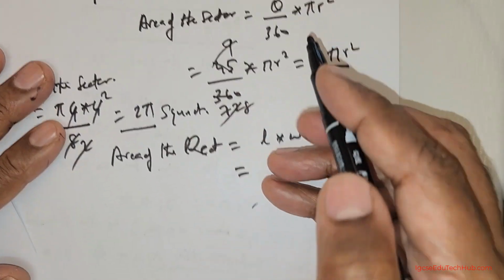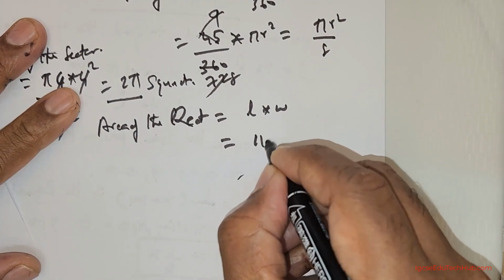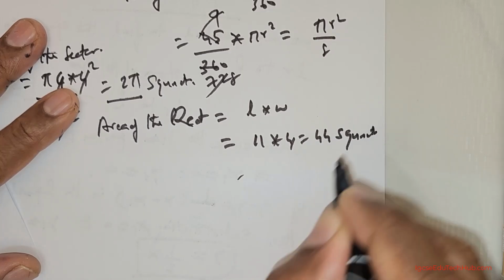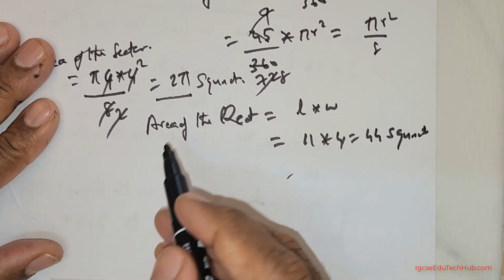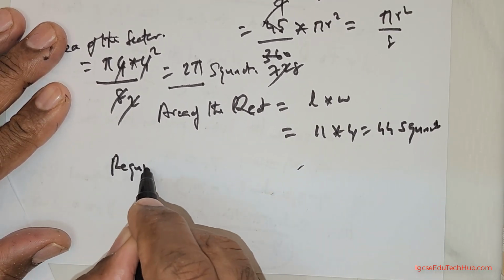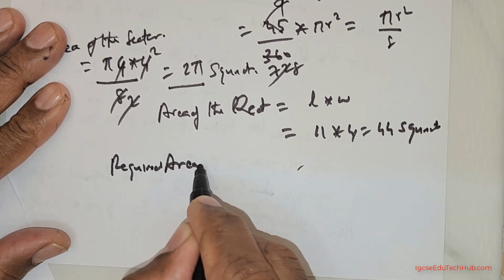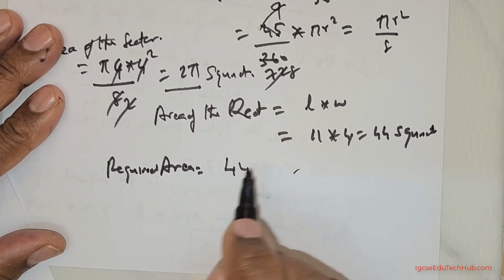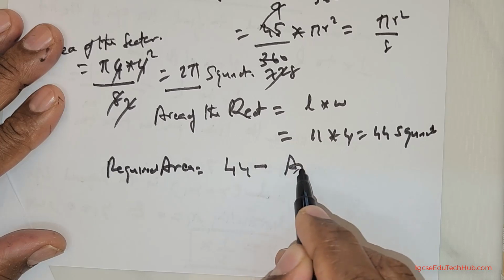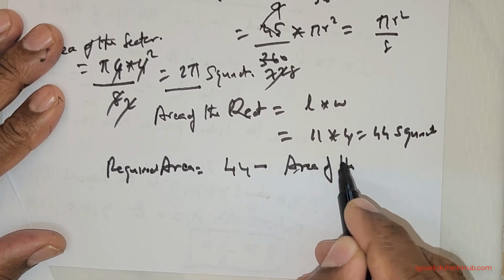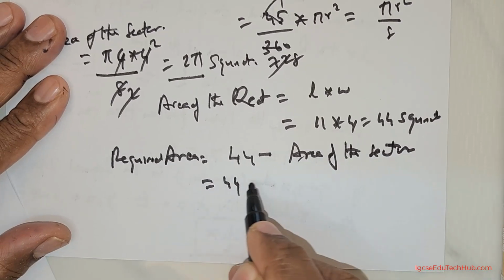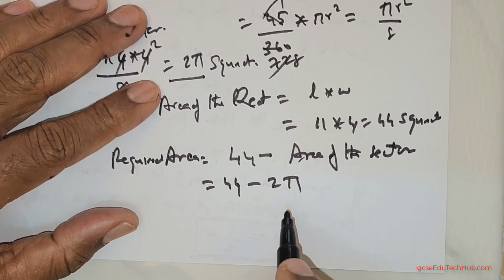So length into width, it's going to be 11 multiplied with 4, which is equal to 44 square units. Now, what is the required area? Required area is equal to, from the area of the rectangle, you take away the area of the sector. So from 44 you take away 2 pi.